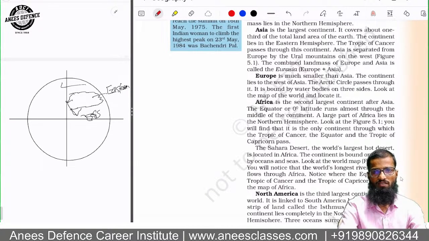The Tropic of Cancer passes through this continent. Asia is separated from Europe by the Ural Mountains. So the Ural Mountains separate the west and east. On the west you have Europe. On the east you have Asia.